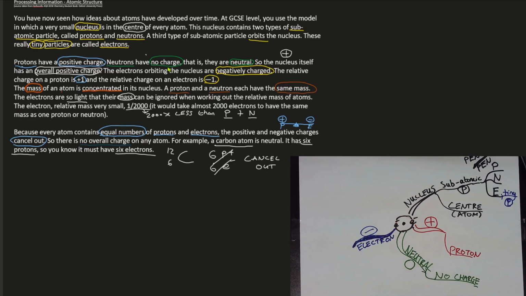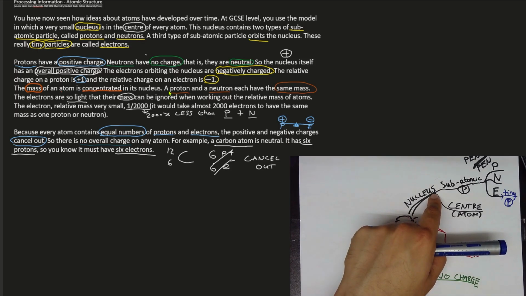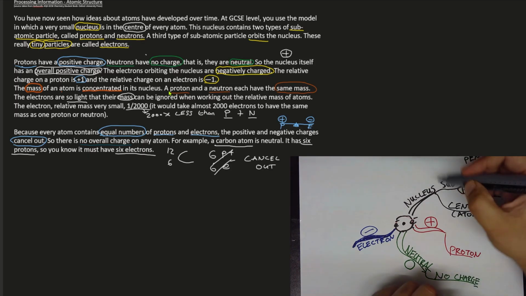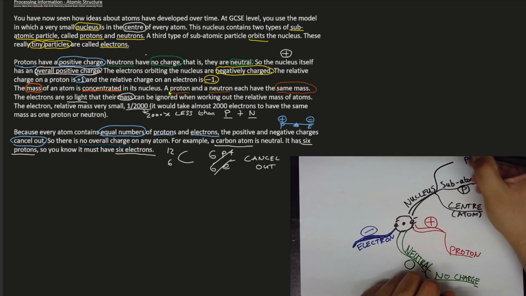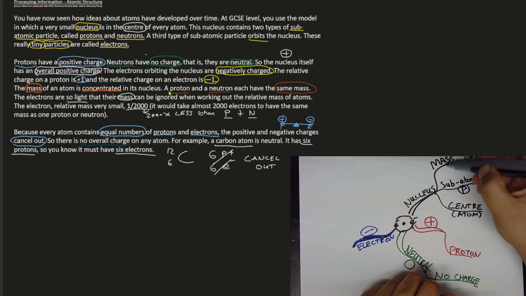So that second paragraph is done, essentially. Now we also have the mass of an atom is concentrated in the nucleus. Okay, so we can say over here that I'm going to put it in the first branch because we can, can't we? That the mass is concentrated in the nucleus, right?